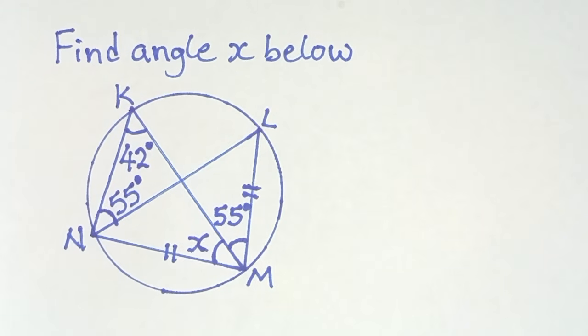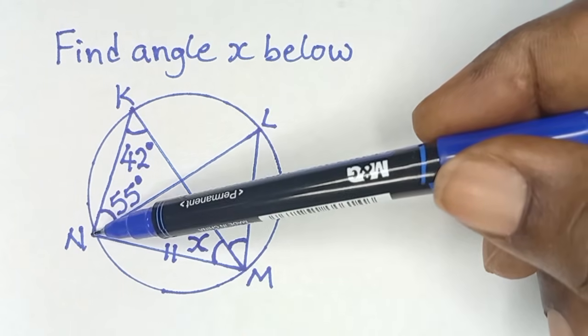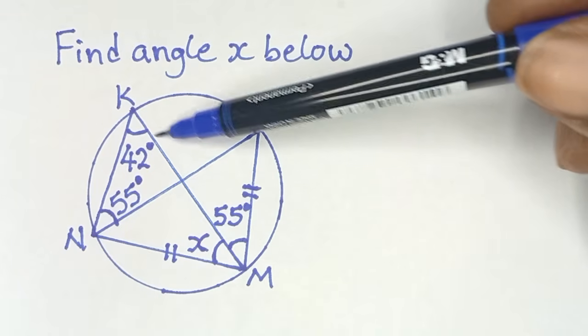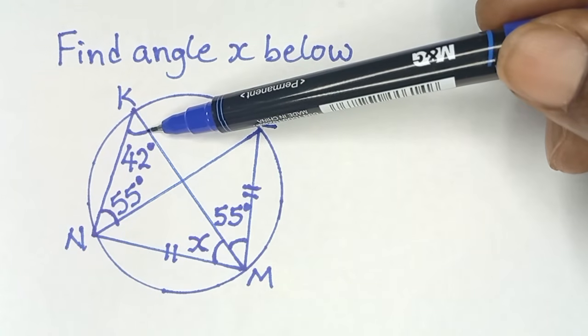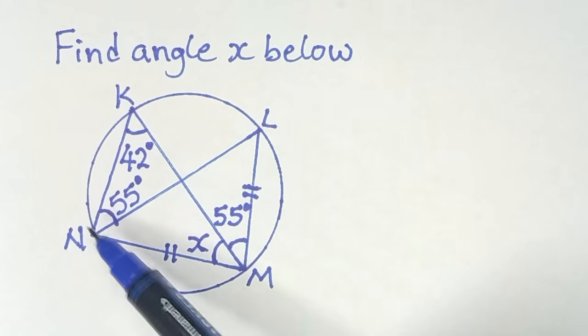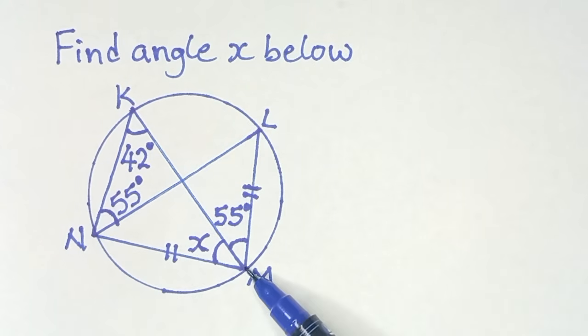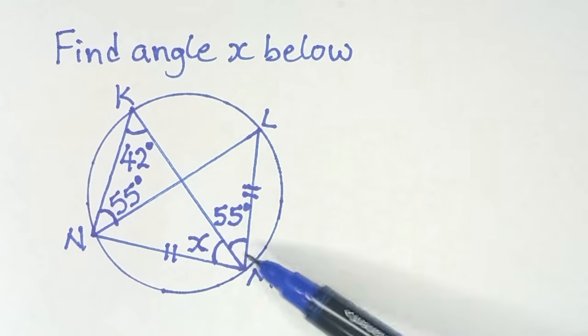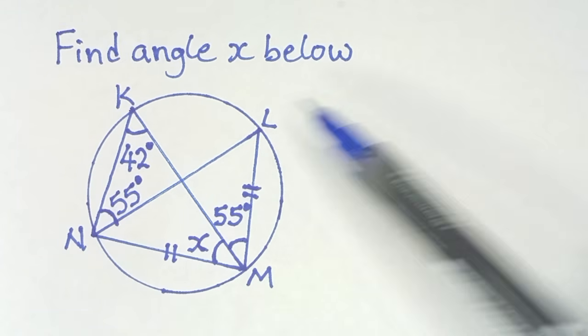In a similar manner, if you look at the points N and M, you see that we have two lines coming from the M and N points to form this angle 42 degrees. In the same way, we have another set of two lines also moving from points N and M to go to another part of the circumference to form another angle there.